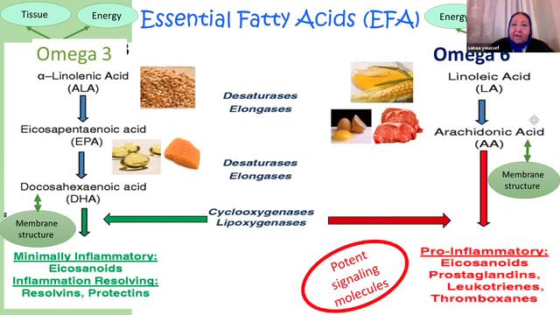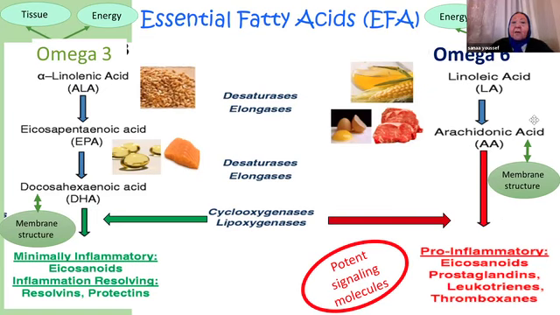They are a source of energy, and they also play a role in tissue development and the protection of healthy tissue by providing a healthy cell membrane. Omega-3 is known as alpha-linolenic acid, or ALA, and through certain enzymes known as desaturase and elongase, it goes into eicosapentaenoic acid, the EPA.